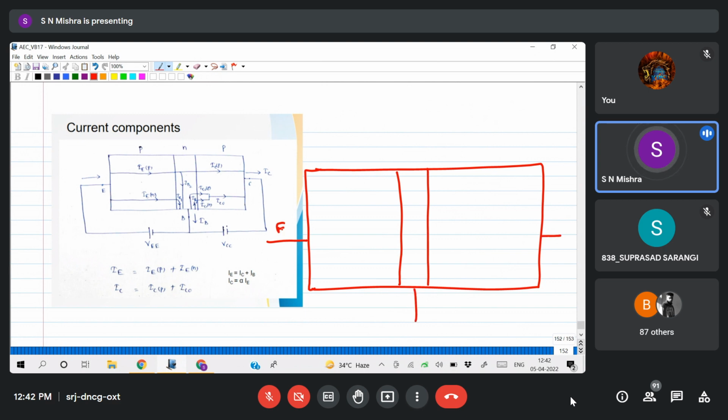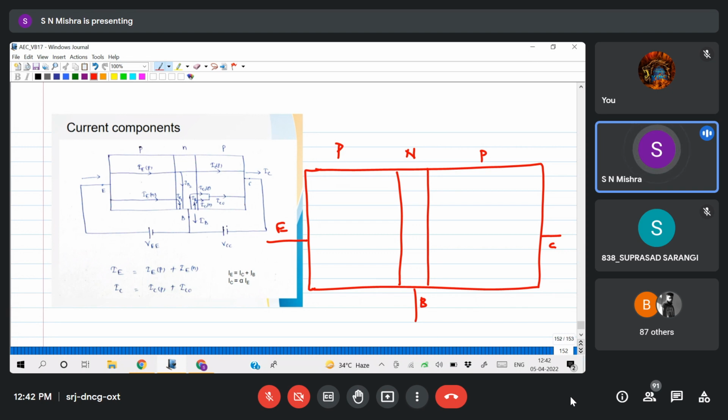This is your emitter, base, collector, P N P. I have taken the collector wider, the emitter a little bit less wide than the collector, and the base is very small.